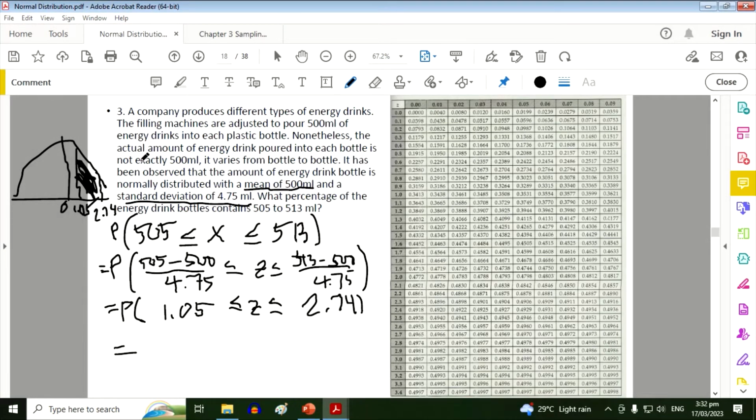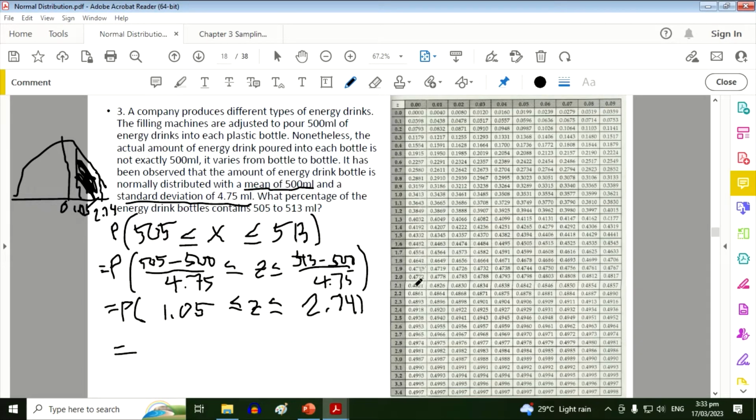Since both of them are on the right side, our strategy here is subtraction. We start with the z which is farther from 0, so we have the area of 2.74 minus the area of 1.05, and we're left with the shaded region.